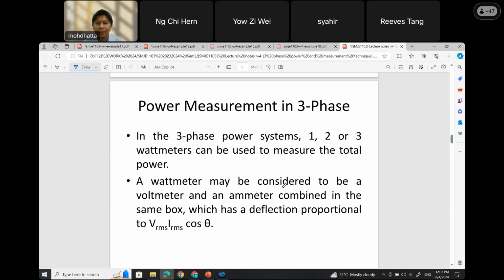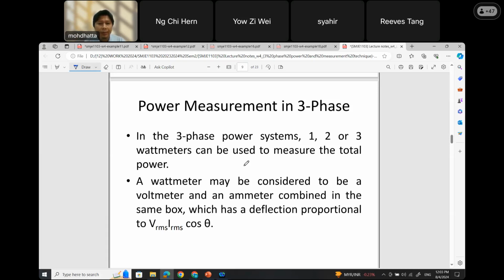For the 1-watt meter, you should consider that the system is a balanced system. Other phases will be identical with each other, so we just use 1-watt meter and multiply the rest by 3.